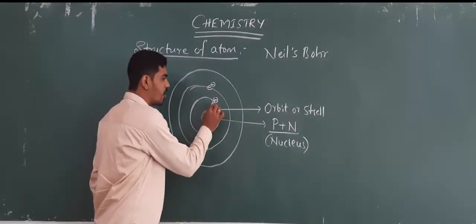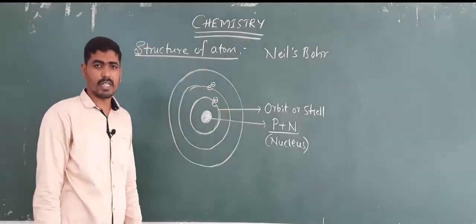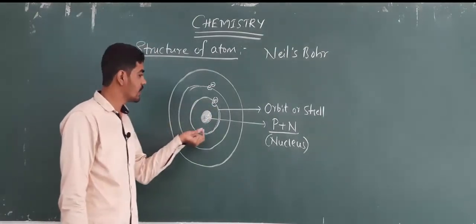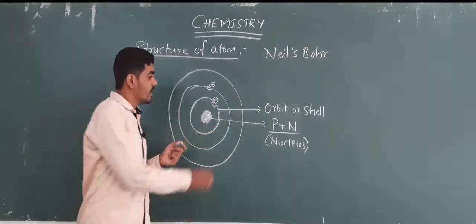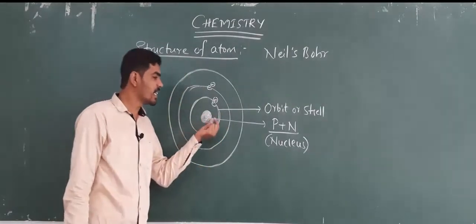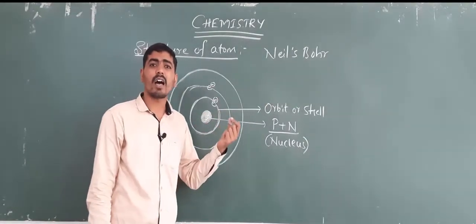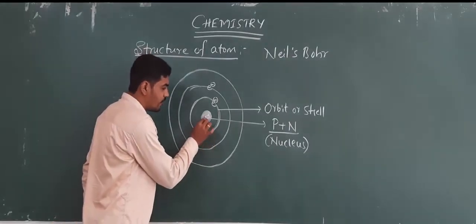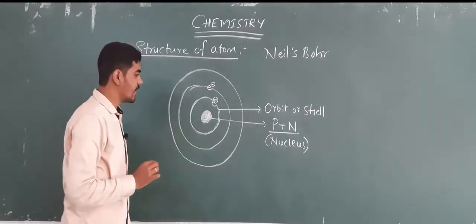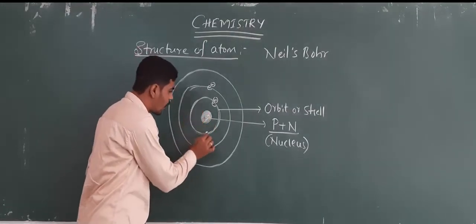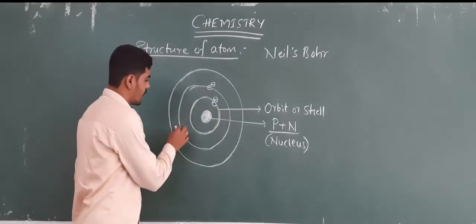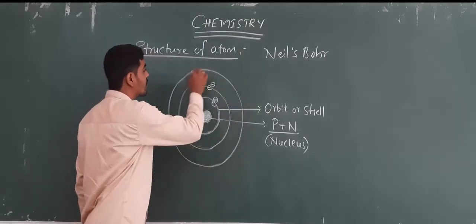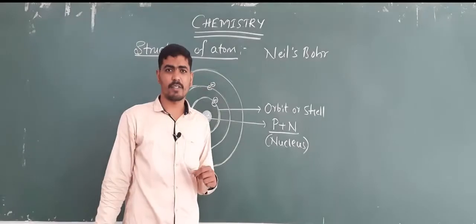Now if the electrons are revolving around the nucleus, how many electrons are revolving around this nucleus? And in each shell or each orbit, how many electrons are present? That you need to find, because as you see, there is a nucleus at the center of this atom, this orbit has a smaller size, this orbit has a larger size, and this third orbit has a still larger size.